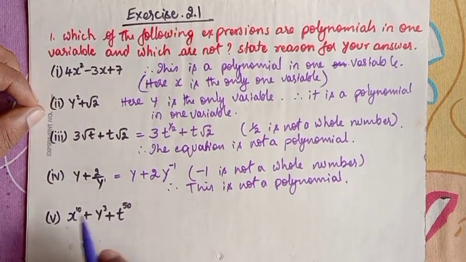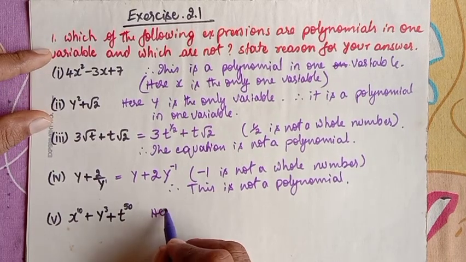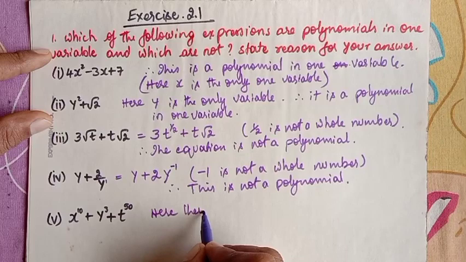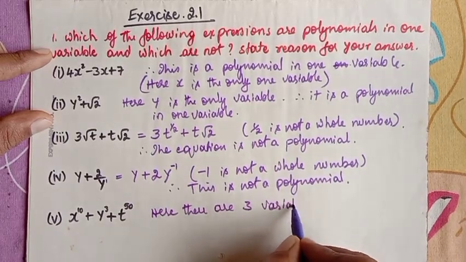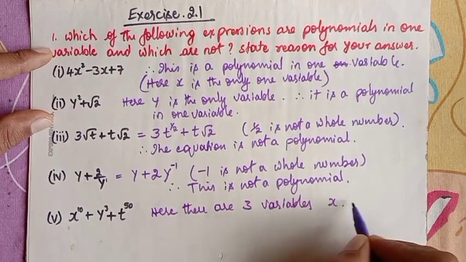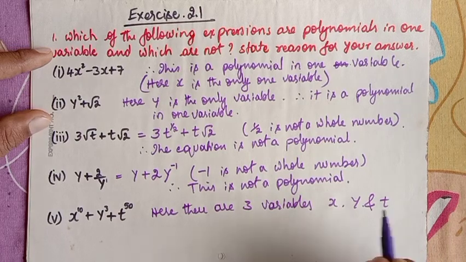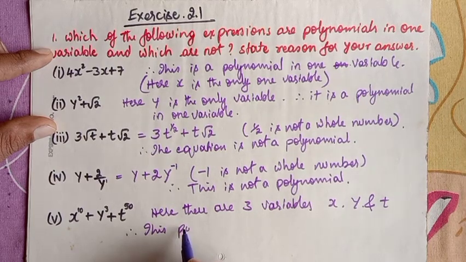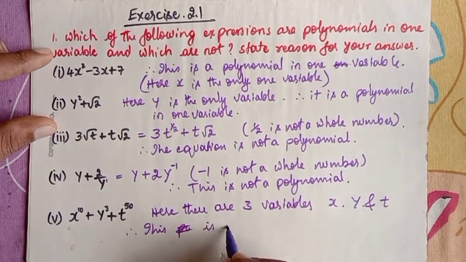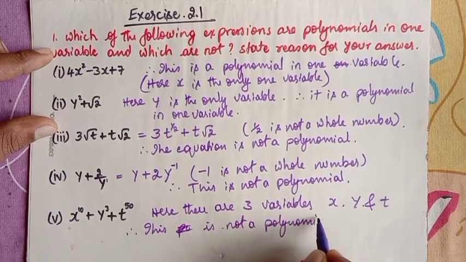All the three are variables. That means here there are 3 variables: x, y and t. Therefore, this is not a polynomial in one variable.